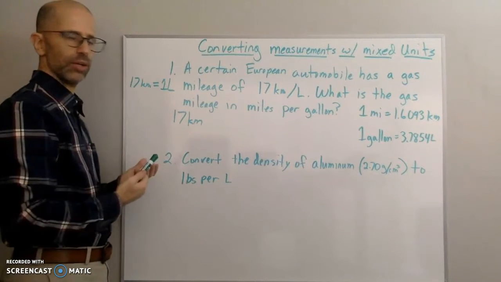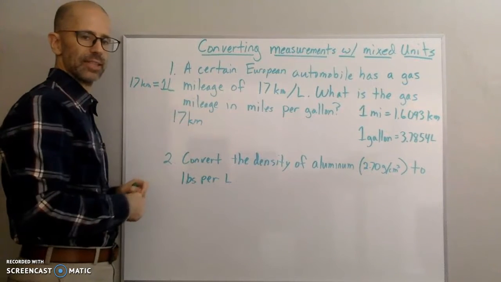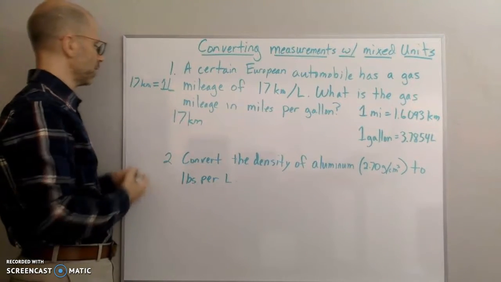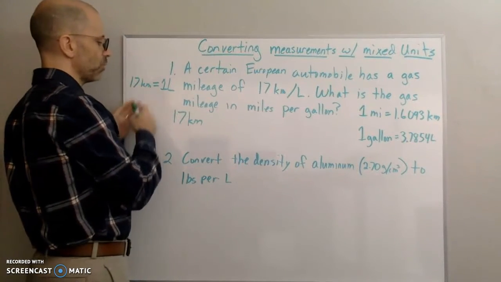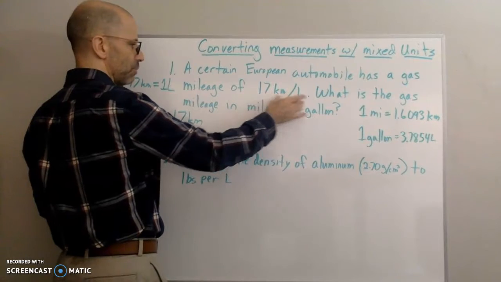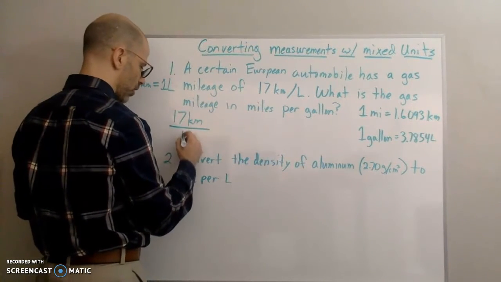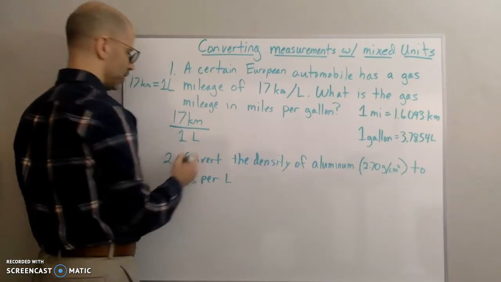So if I use 1 liter of gas, that's going to be 17 kilometers. If I go 17 kilometers, that's going to equal 1 liter of gas used. Okay, so we don't write the 1, so that's going to help me with my conversion factor. So I have 17 kilometers over 1 liter. So I'm going to put it over 1, but this time I have a unit, liters.